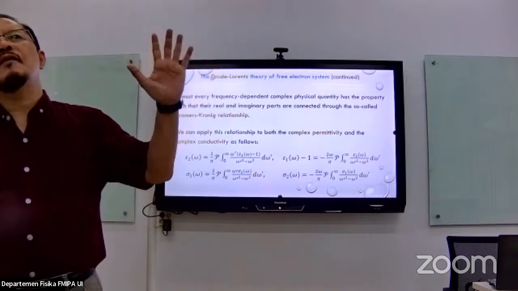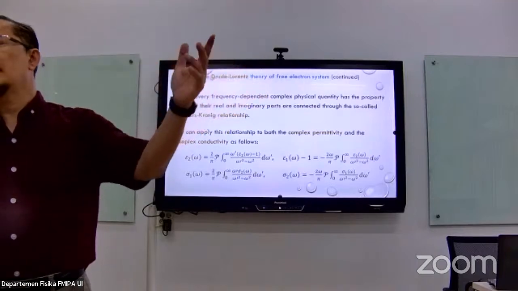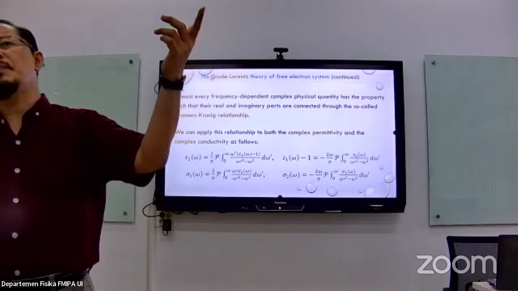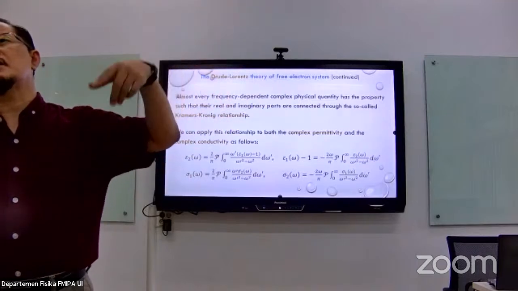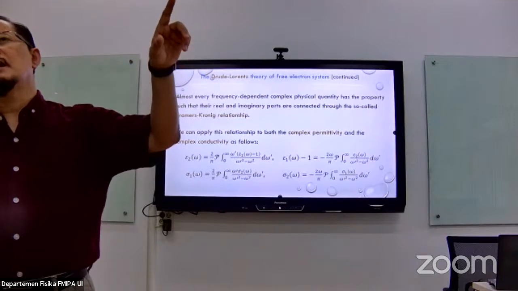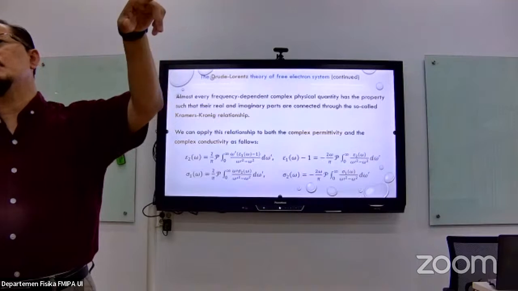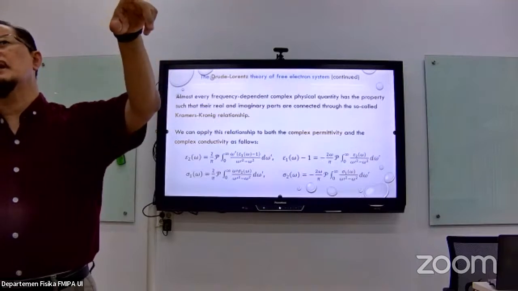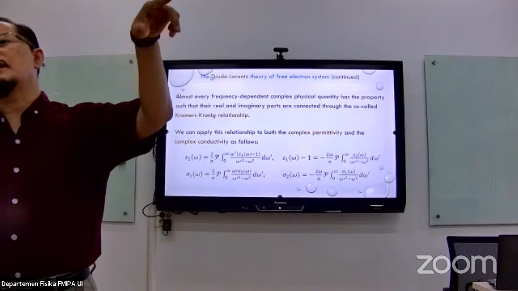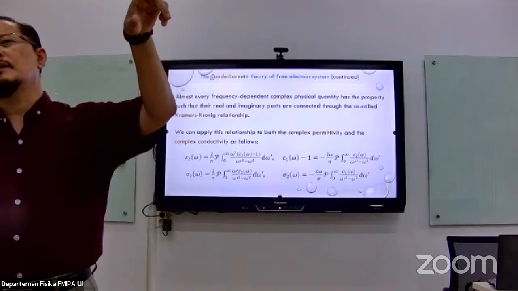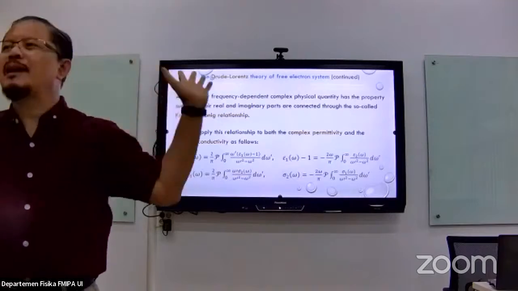So every physical quantity that has frequency dependence and has some behavior where, as omega goes to infinity, it has to go to zero quicker than 1/omega.